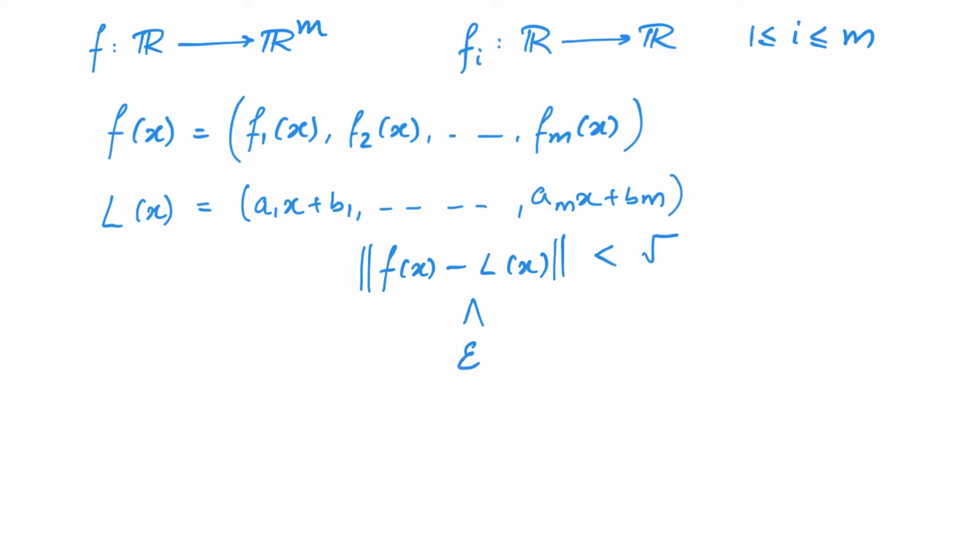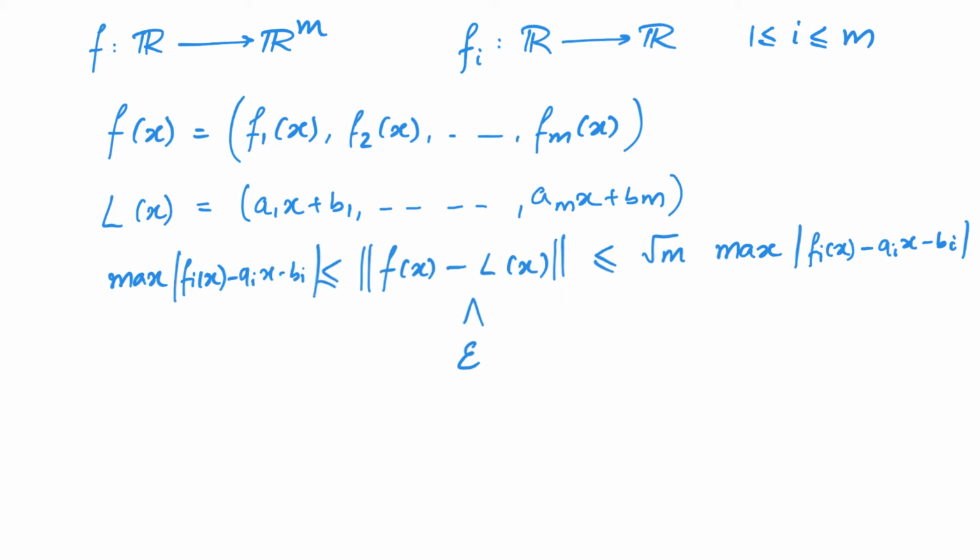But recall that norm of f of x minus L of x is less than square root of m times max of mod of fi of x minus ai x plus bi. Also, norm of f of x minus L of x is greater than or equal to max of mod of fi of x minus aix minus bi.